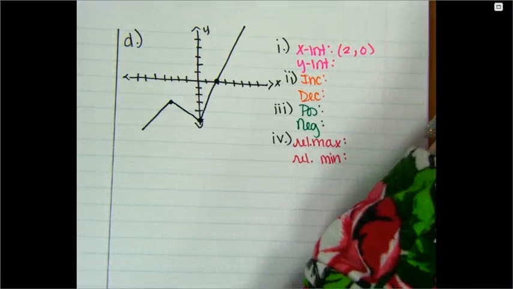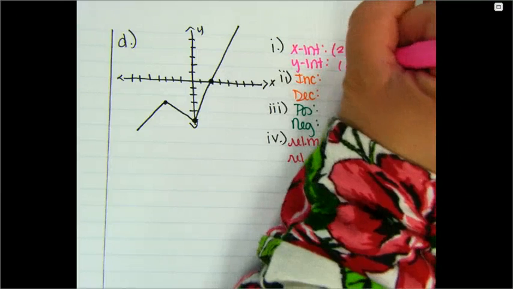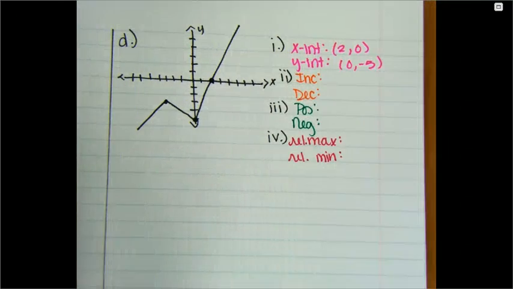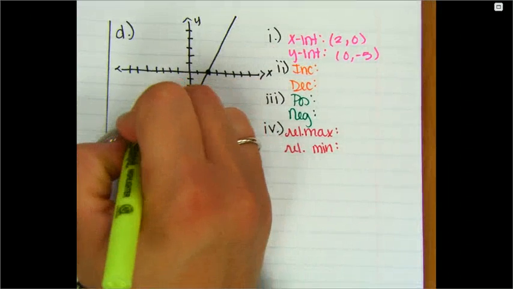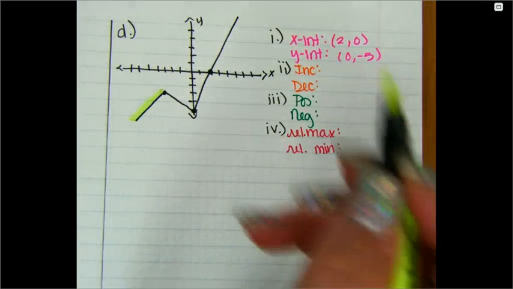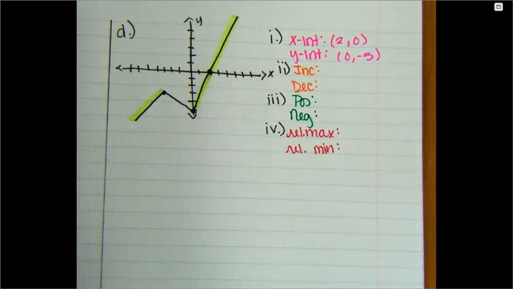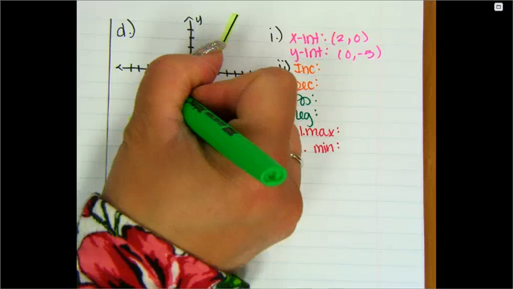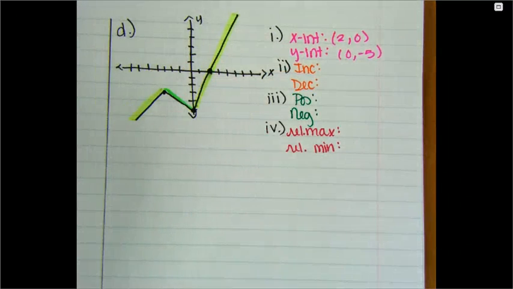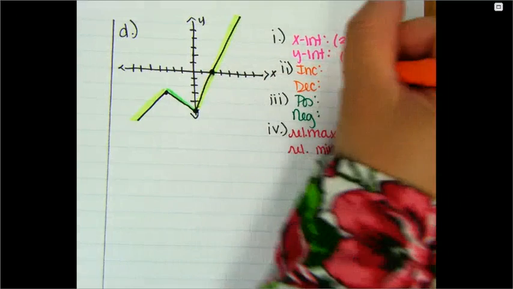Y-intercept is what? 0, negative 5. Increasing. Well, let's highlight. From here to here, is that increase or decrease? Increase. And then again from here to here, yes? All right, we are increasing from where to where? Wait, there's no end point. Negative what? Very good. Negative infinity to what? Negative 3? Yeah. Good.